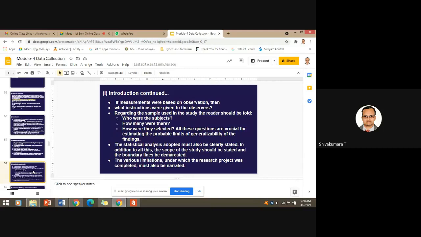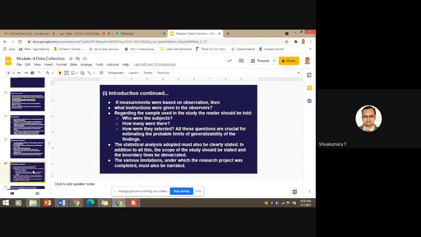If you are doing a comparative study, then quantitative analysis is required here, so you need to write the corresponding statements in brief under the introduction chapter. How were they selected? On what basis did you select those sampling methods? You need to have an answer yourself before presenting to the reader. All these questions are crucial for estimating the probable limits of generalizability of the findings.